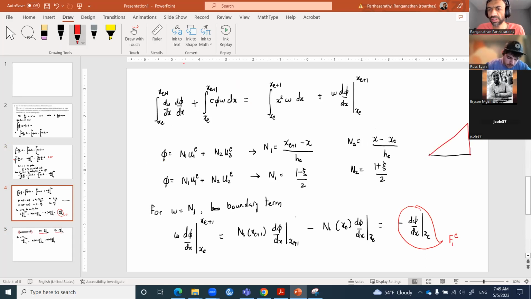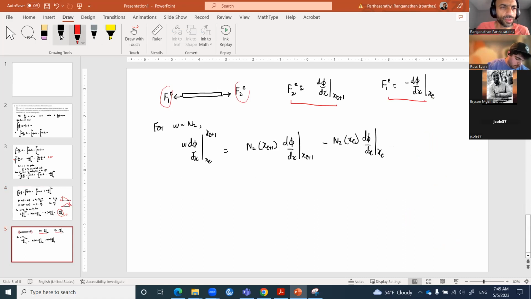N1 is 0 at the right node and 1 at the left node, and N2 is the opposite. So N2 at x_e+1 is 1, and N2 at x_e is 0.